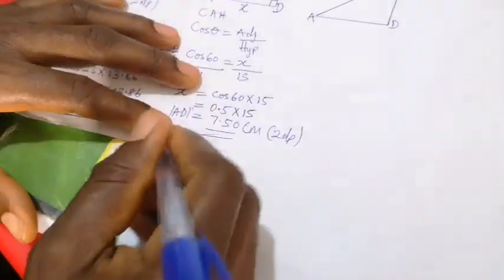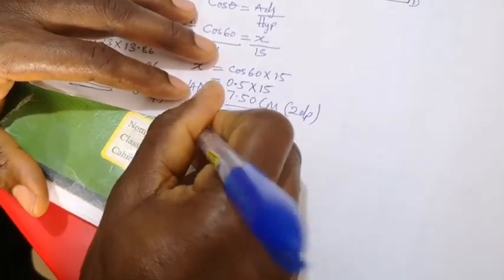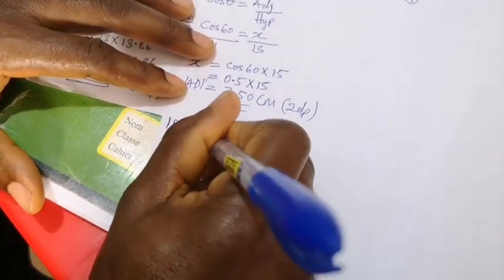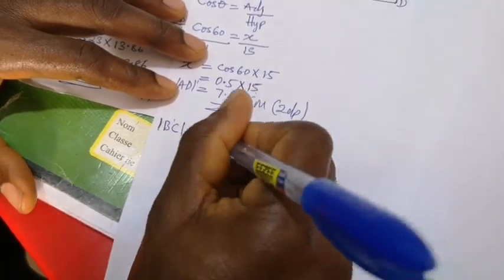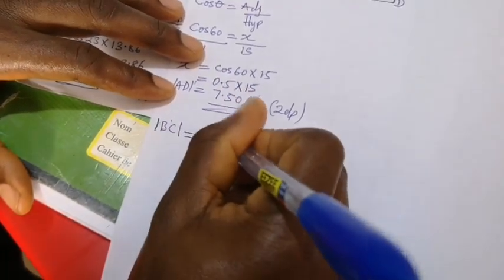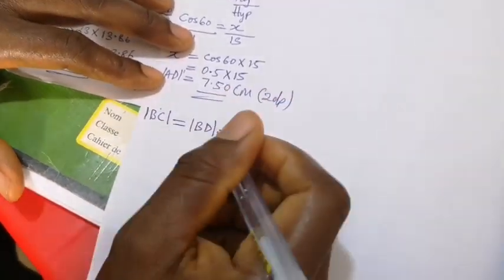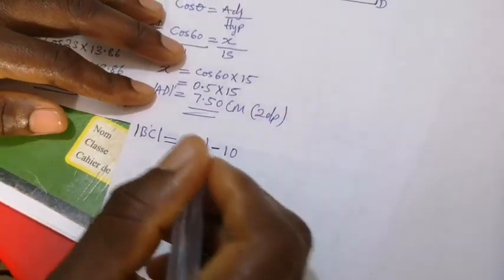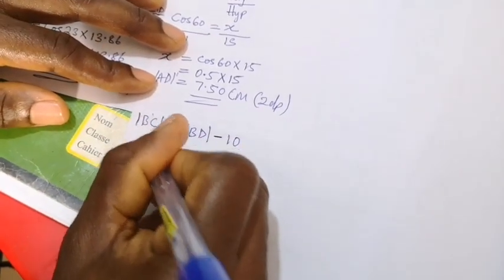So that means that line BC is equal to line BD minus 10, okay? So that means we now need to find the value of line BD, okay?